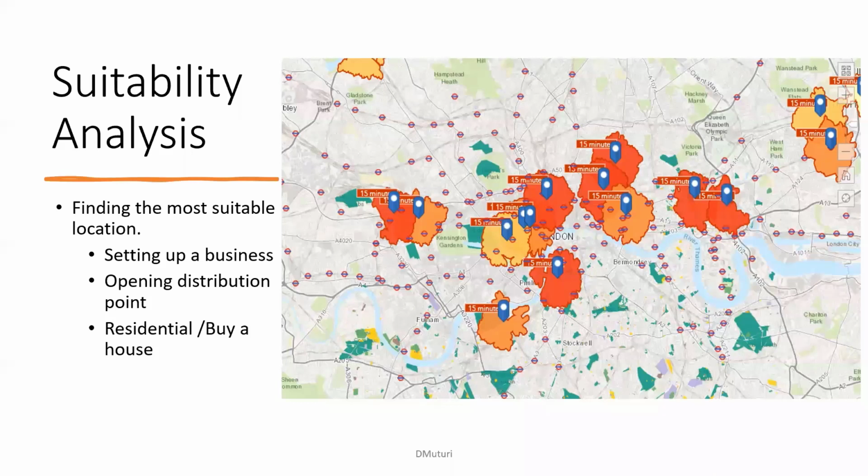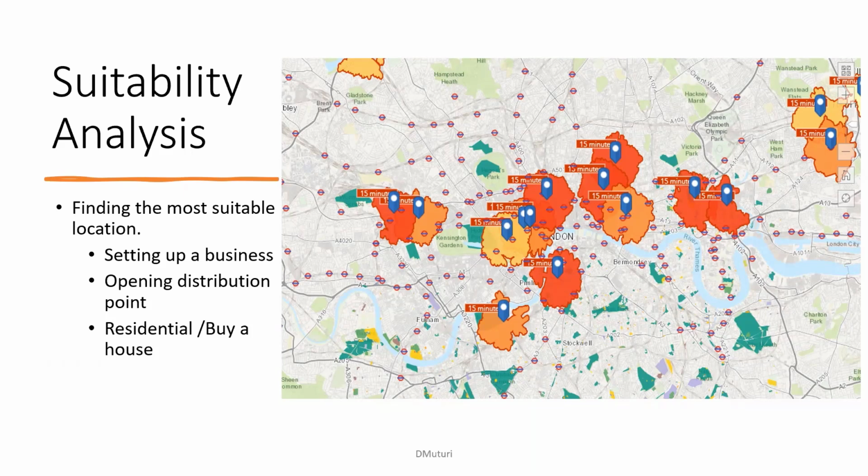So it doesn't make sense for the trucks to keep going back to the main plant to refill, drop the empty crates there, pick other crates, and now distribute them in the market. So they have to get distribution points, like warehouses in the country that are strategic and can serve big areas. They can serve most of their customers. So this is the best use scenario of a suitability analysis.